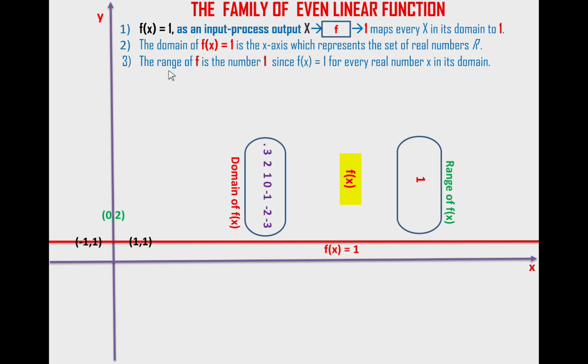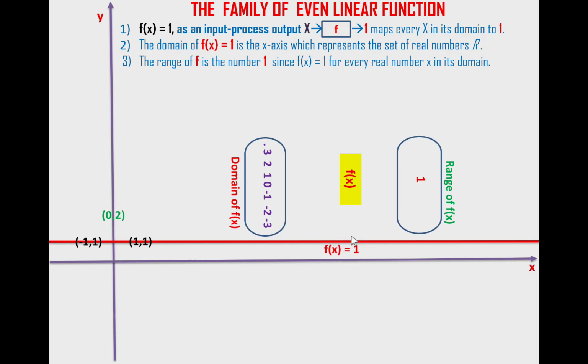The range of f is the number 1, since f of x equal to 1 for every real number x in its domain. Regardless of the value, positive or negative, large or small, if it's fed into f of x, the result will be equal to 1.